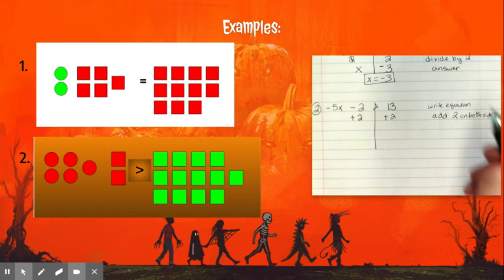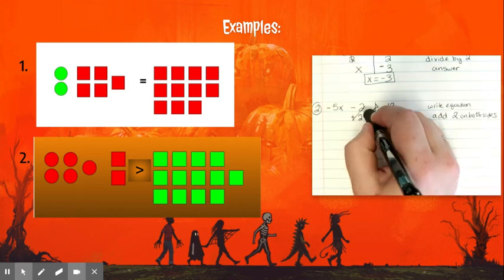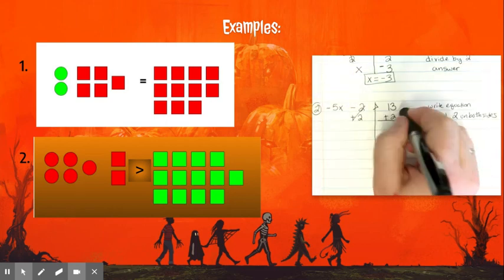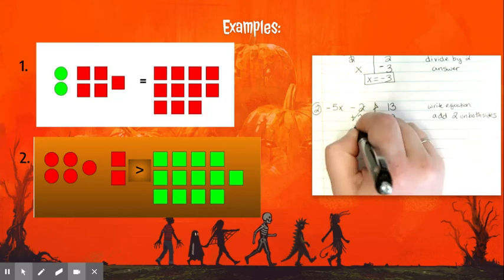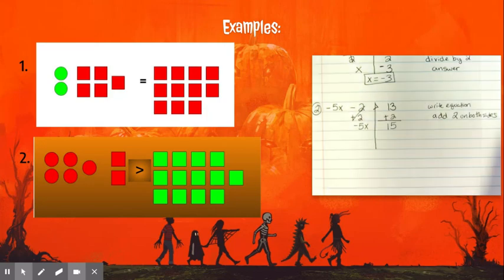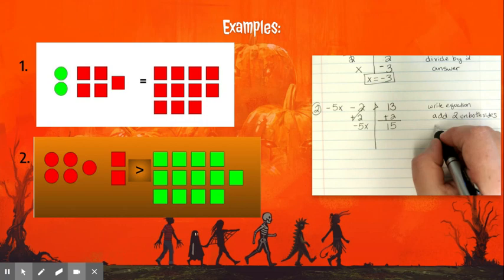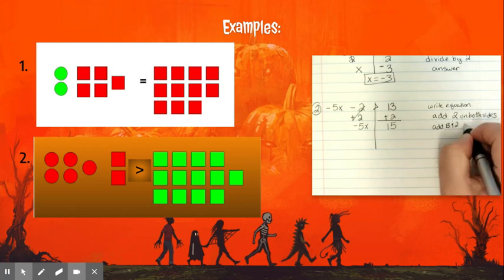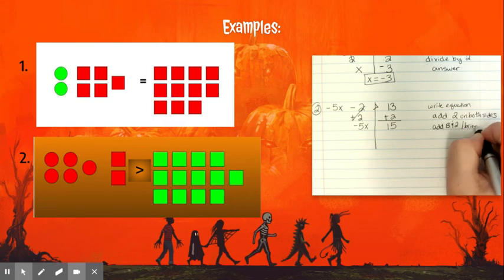These cancel each other out, and 13 plus 2 gives me 15. So I'm left with negative 5x equals 15. Add 13 and 2, bring down negative 5x.